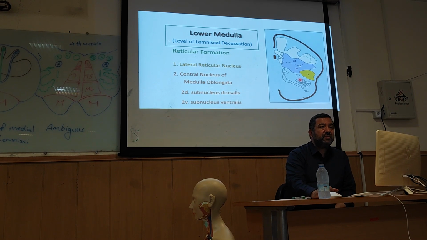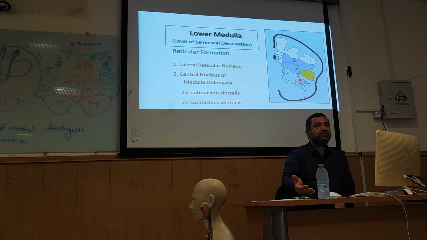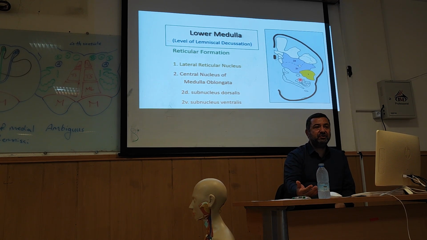In addition to medial lemniscus and internal arcuate fibers, we can see reticular formation nuclei, such as lateral reticular nucleus and medial or central reticular nuclei.